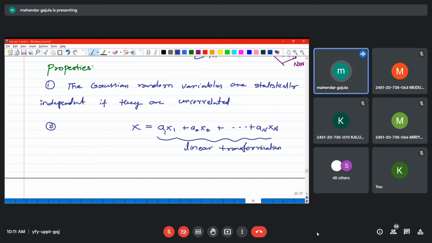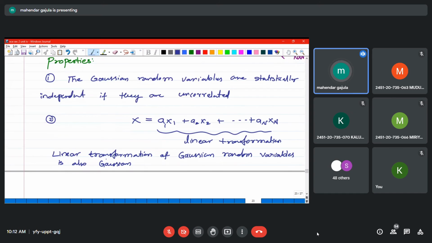That x is also a Gaussian random variable. So what is the statement? Linear transformation of Gaussian random variables is also Gaussian. That is the second.